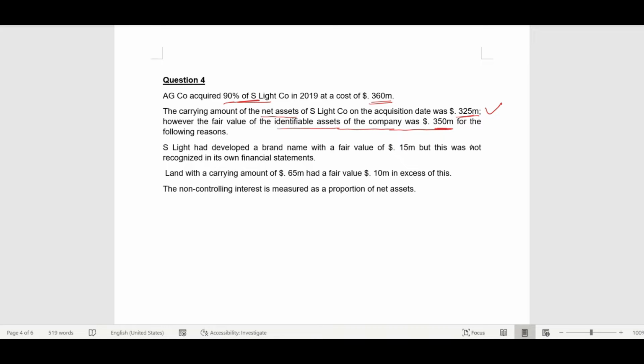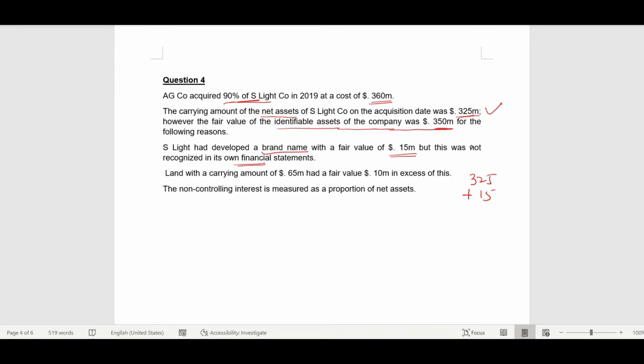So 325 has increased to 350 due to the following reasons. What are the reasons? S-Light had developed a brand name with a fair value of 15 million, but this was not recognized in its own financial statements. So basically, 325 has to be increased by 15 million. This was not identified in the financial statements because of the brand name.